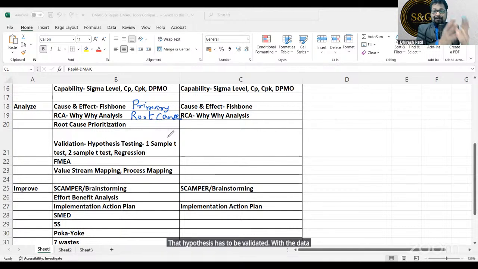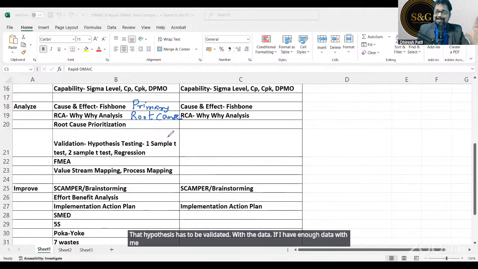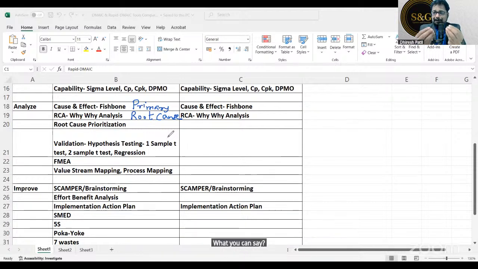If I have enough data with me, I can easily do the hypothesis testing, regression, because again, the same rule applies. If we have the data, doing hypothesis regression will take a few minutes to complete, right?